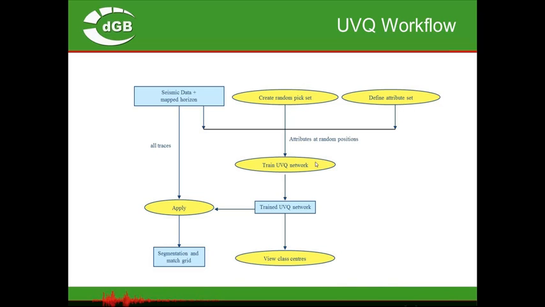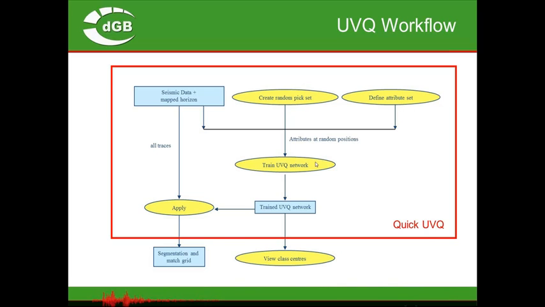The difference with the second workflow, which is called quick UVQ. This specific technique, as it's called quick, is really quick. However, this is done only on the horizon. This cannot be done in the volume.